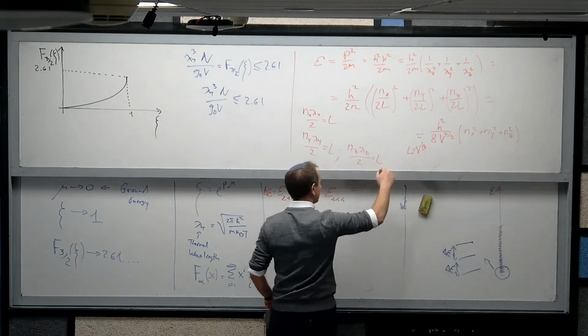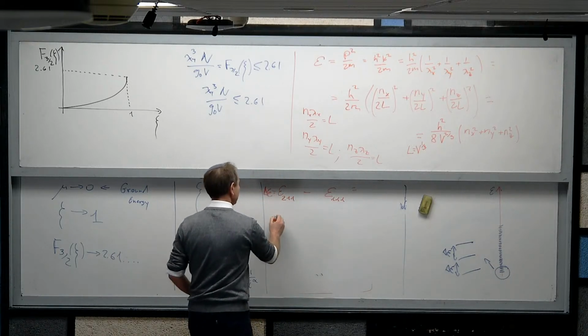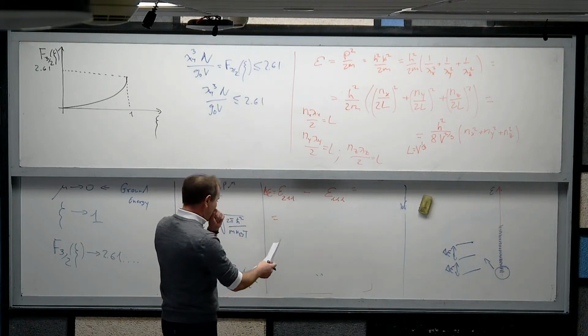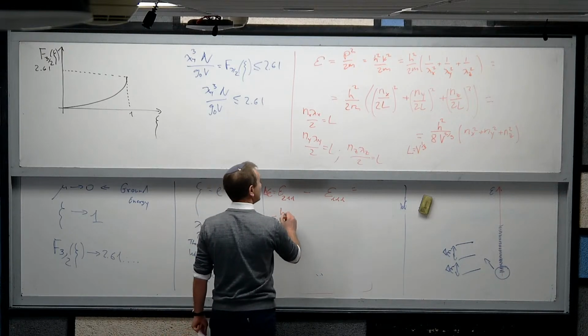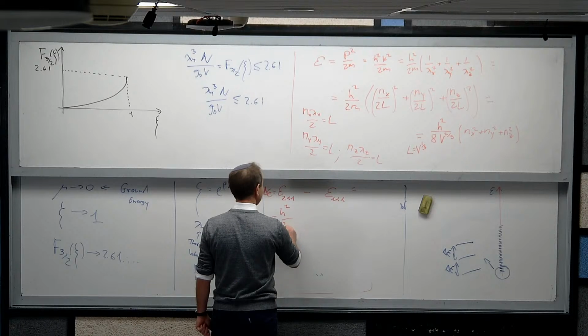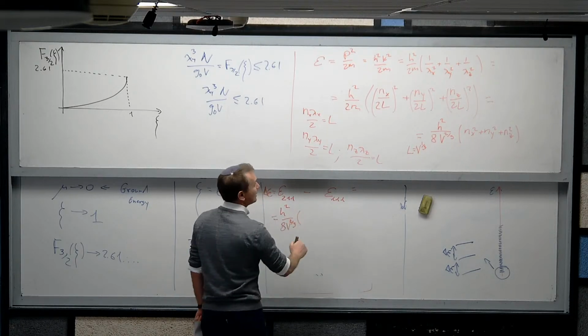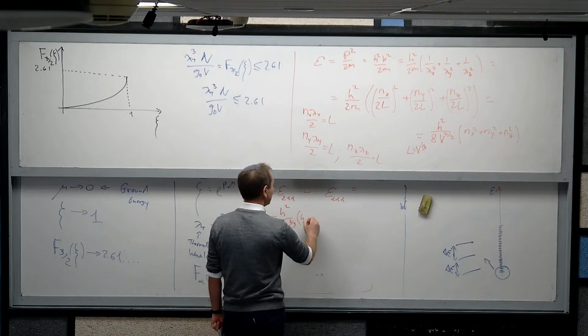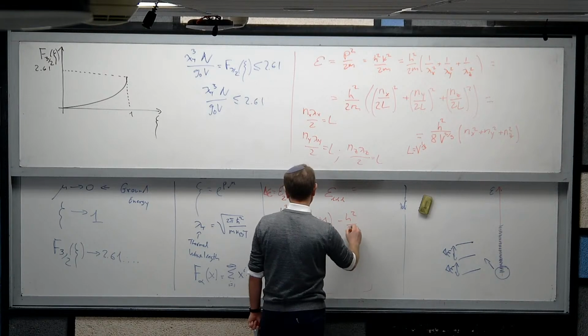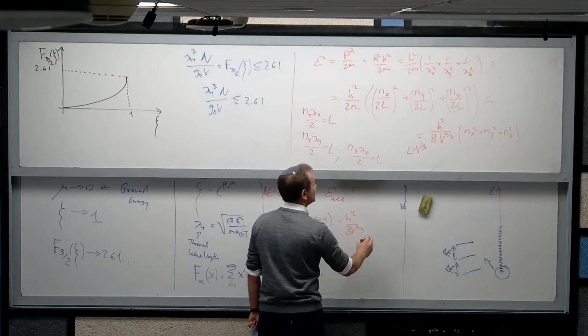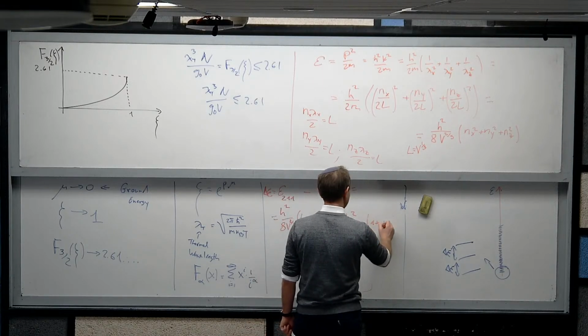So according to this formula, it is h squared divided by 8 V to the 2/3, times 4 plus 1, minus h squared divided by 8 V to the 2/3, times 1 plus 1 plus 1.